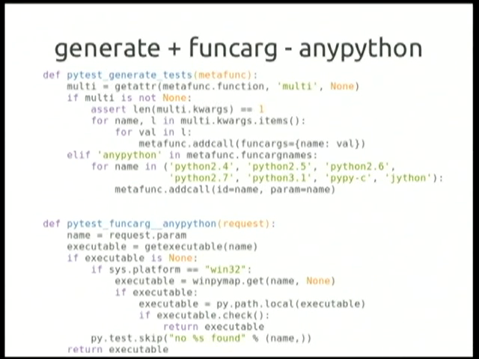In Pytest, the author of Pytest works on PyPy, and so he has some stuff so that the PyPy, or maybe not the PyPy, but other tests that he's written will run over all versions of Python. And so using a combination of a Funcarg called AnyPython and generate tests, basically when he's written his test, he just puts AnyPython in as a Funcarg, and then it's automatically going to run that test over whatever versions of Python are installed on the system.